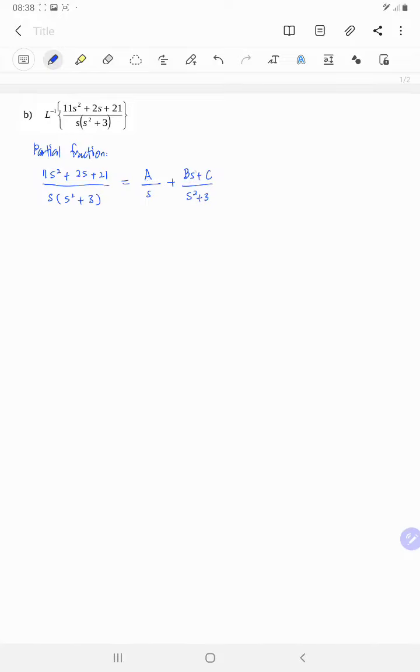We already used A, so next with B. So this is linear, Bs plus C. Then we have to equate. Next, s squared plus 3.